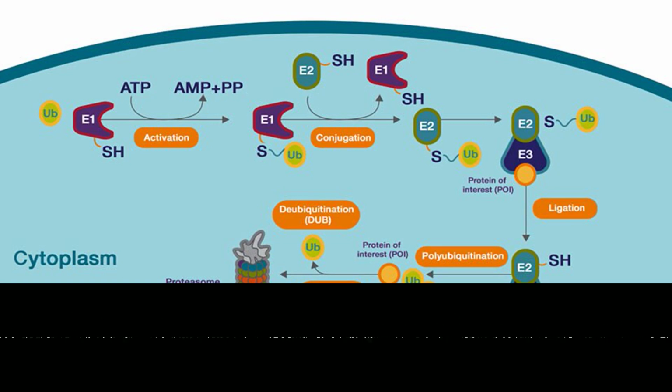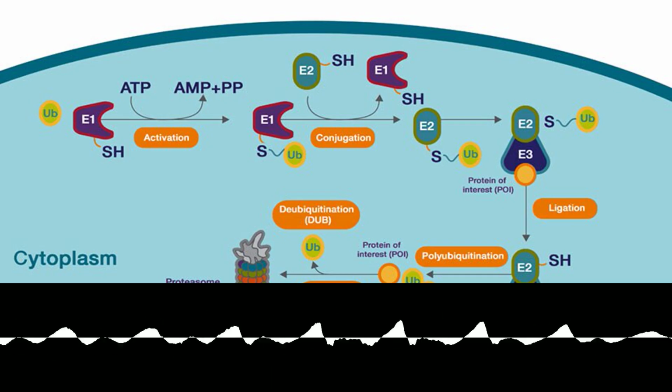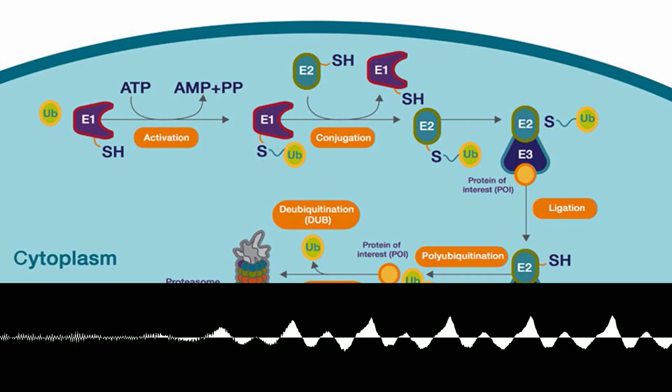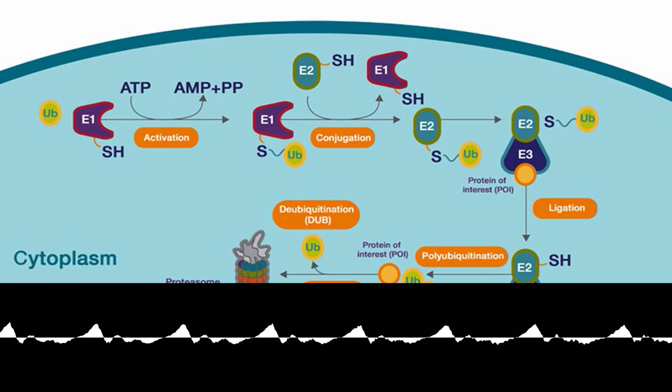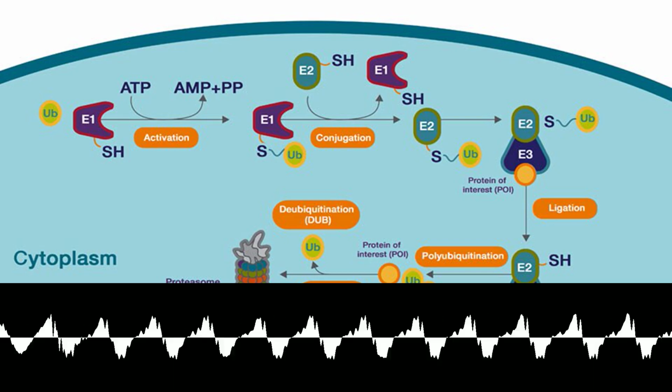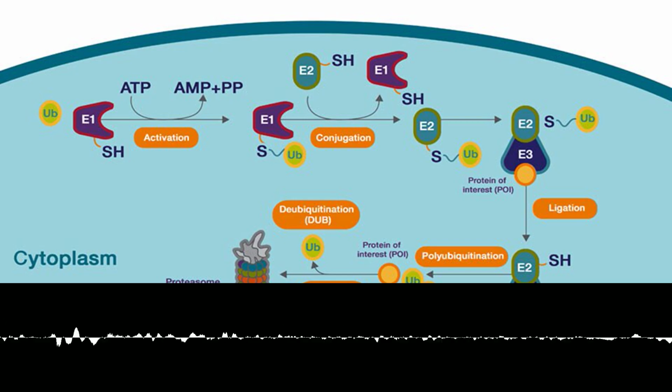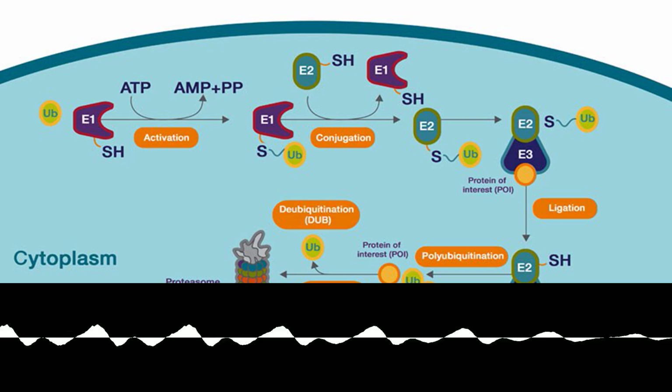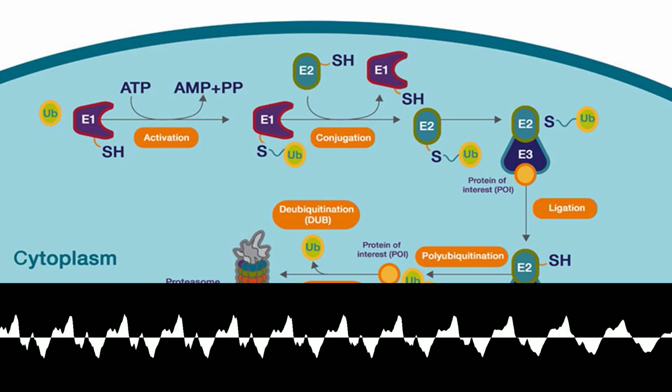The claim that the ubiquitin system is an ancient and essential cellular process is supported by its presence in both prokaryotes and eukaryotes. While the complexity of the ubiquitin system varies across different organisms, the core components, including ubiquitin, E1, E2, and E3 enzymes, are generally present.